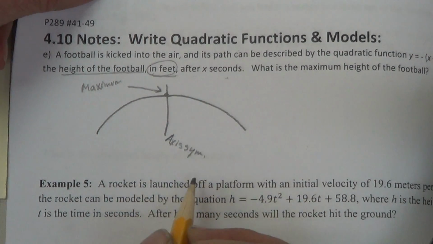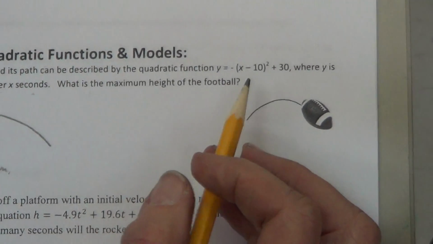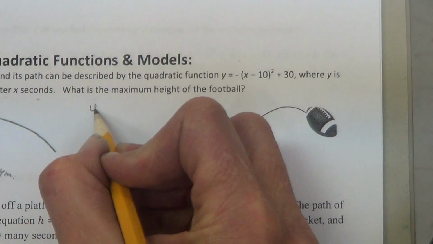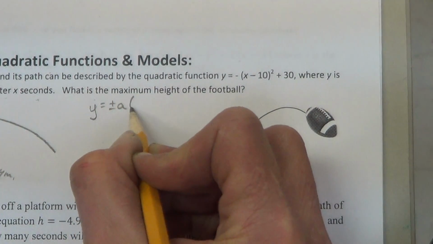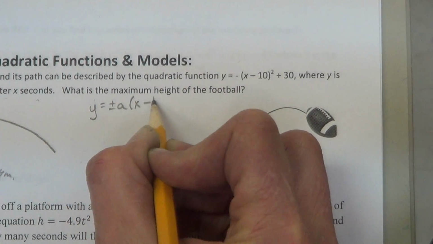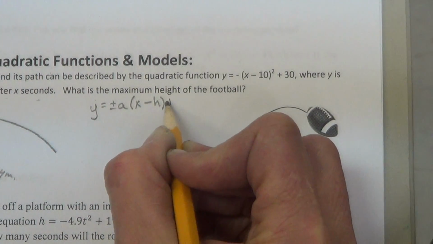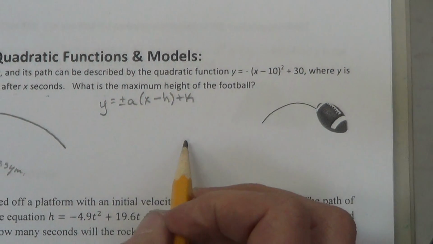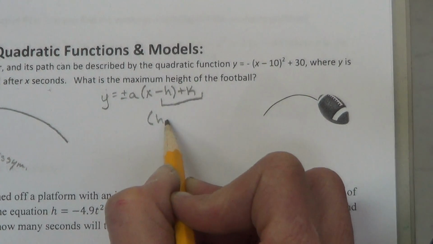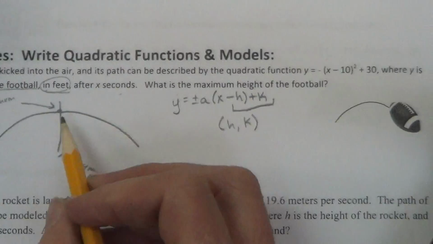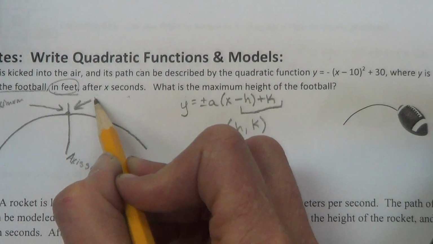Now let's see how they gave us the formula. They gave it in HK format, so plus or minus a(x minus h) plus k. Remember with HK format, this is your vertex, your h, k.